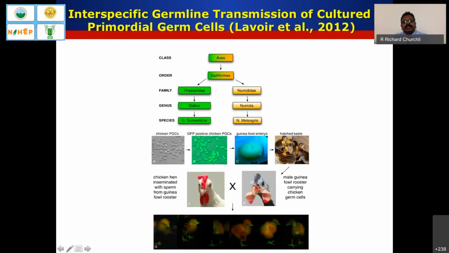When the semen from this chimeric guinea fowl male is inseminated into a normal, ordinary female chicken, the hen produces chicks. So this is called interspecific germline transmission, interspecific chimeras.